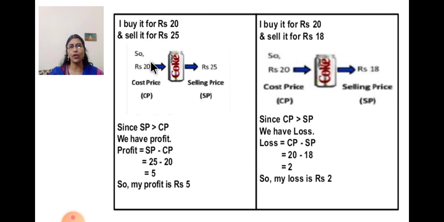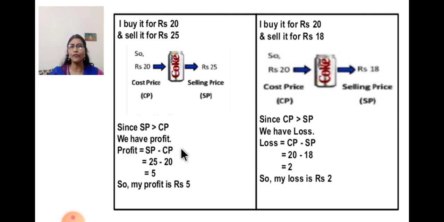So here the cost price is rupees 20 and selling price is rupees 25. Now when you compare these two prices, you can see the selling price is more than cost price. So since SP is greater than CP, we have learned in 6th standard that there will be a profit. So there is a profit here.